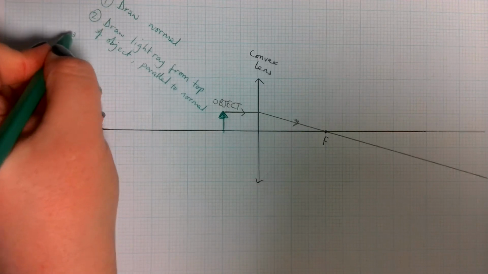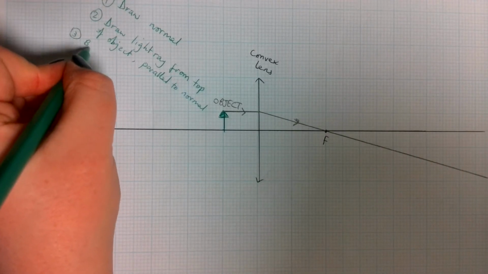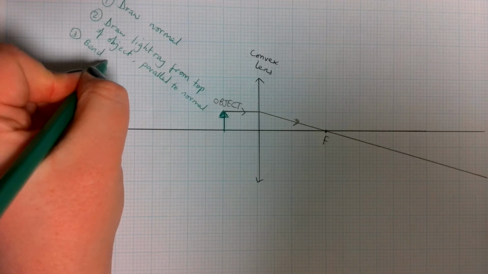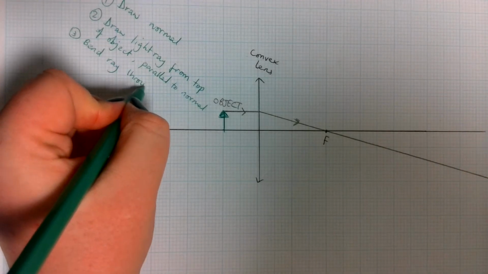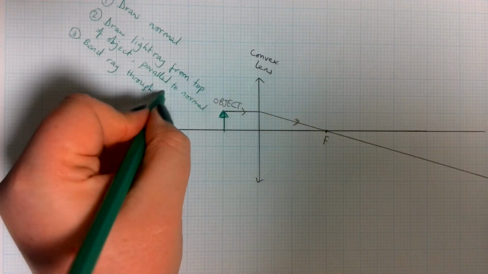Then number 3 is we've bent that light ray through the focal point.